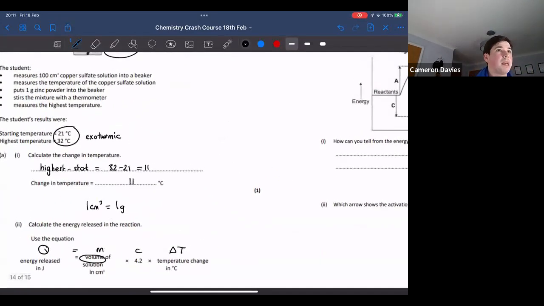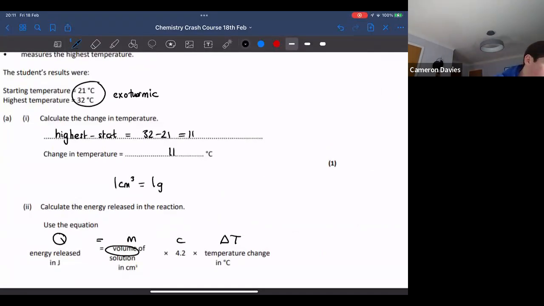So we are being asked to calculate the energy released in joules. We know the temperature change, so we know delta T, that's 11 degrees. We know the mass, which is 100 grams, or 100 centimeters cubed, but we're just using numbers in this case.